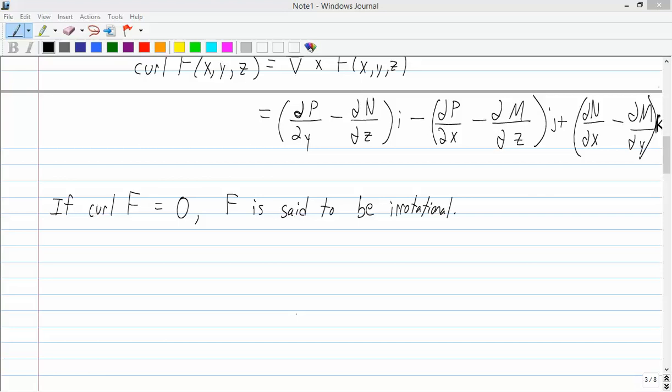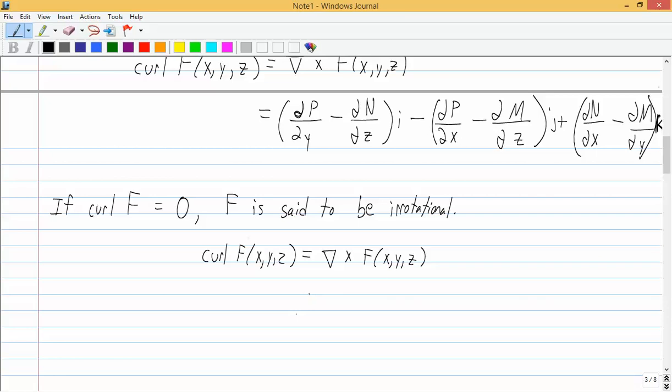The way that you actually get that formula, in case you were wondering, it's just a cross product, and the way that you have to set up your cross product is like this.